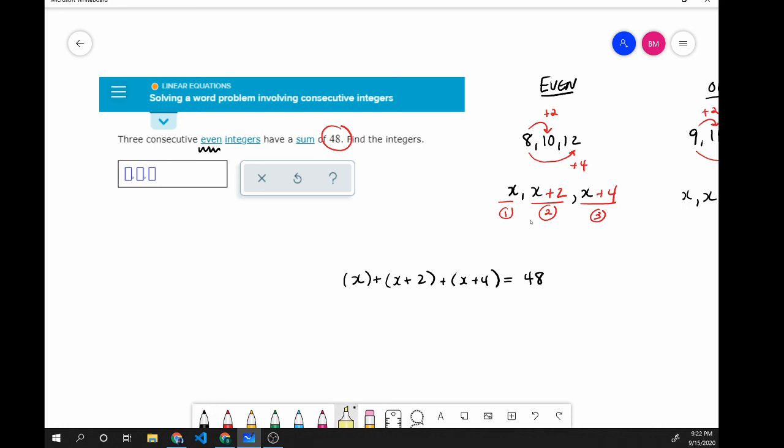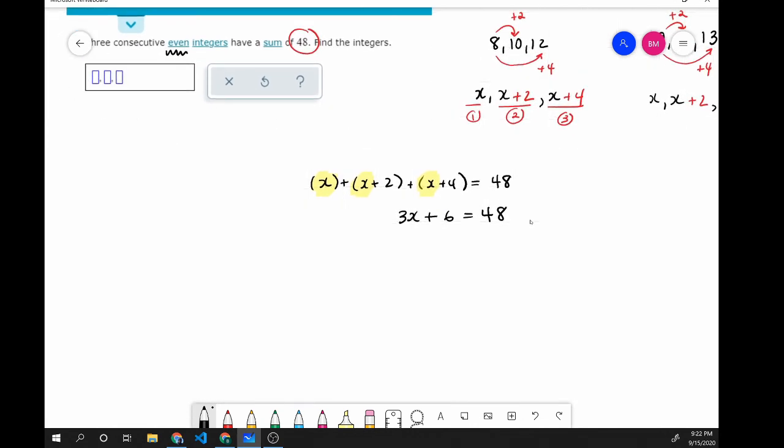I'm going to recognize that I have 3 x's again. So 3x plus 6 equals 48. I'm going to go ahead and minus 6 from both sides. So 3x equals 42. And divide by 3 on both sides.